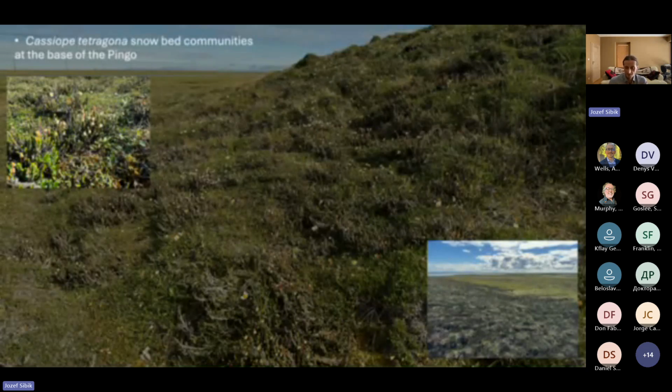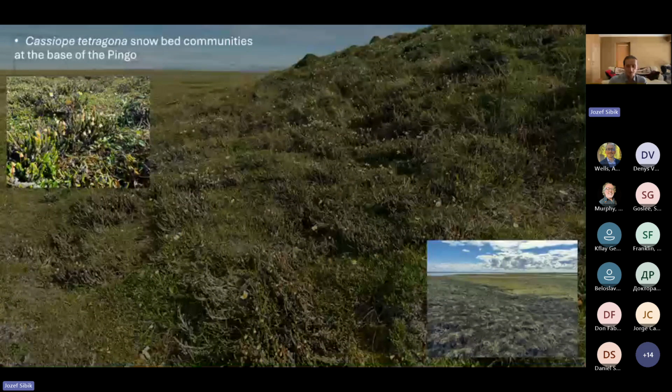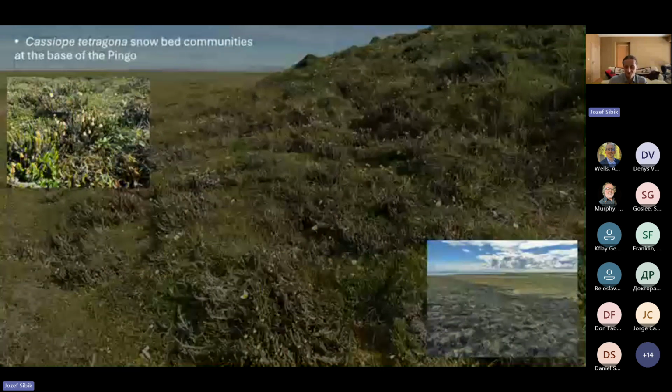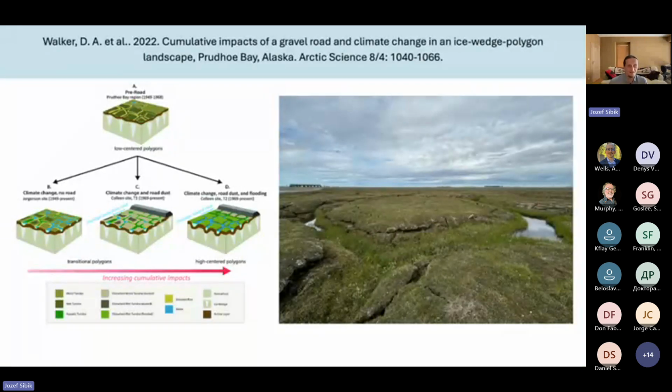So we can see that even small hills serve as a very diverse driver of different ecological conditions, and we can see a whole bunch of different vegetation types in this area.